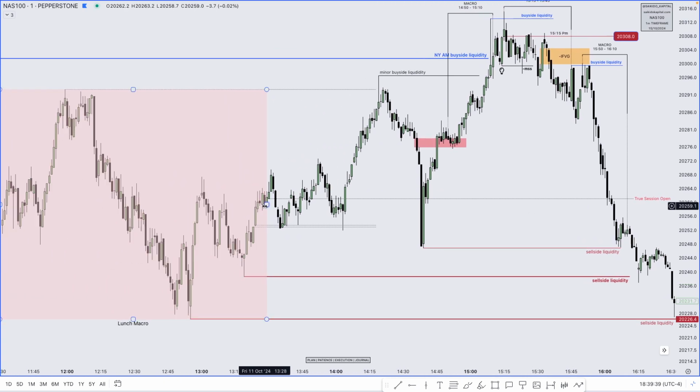So now let's say here you waited for price to engage the buy side and you want to sell. So you wait for buy side to be purged, and this wick here is a good indication that this was purging liquidity, that bodies remained below the high right there. So that's a good indication.